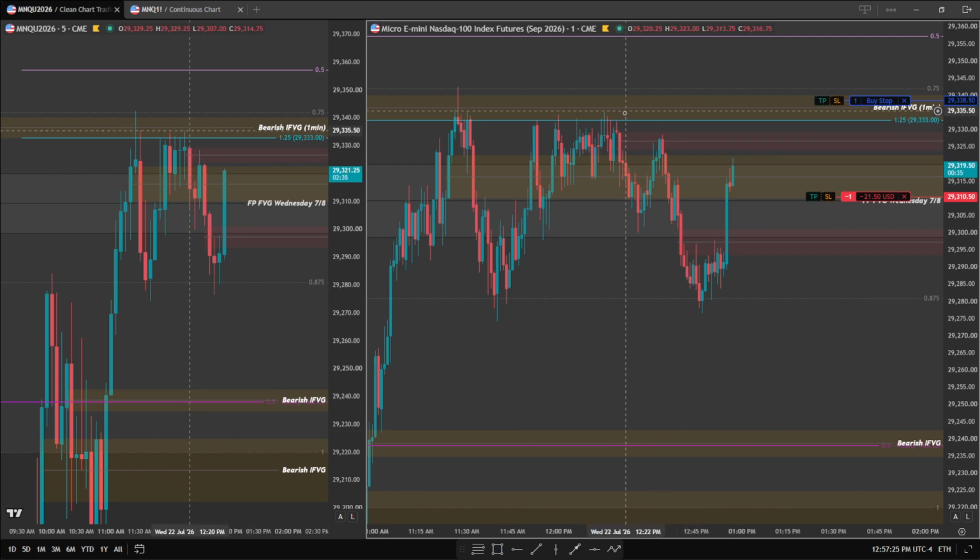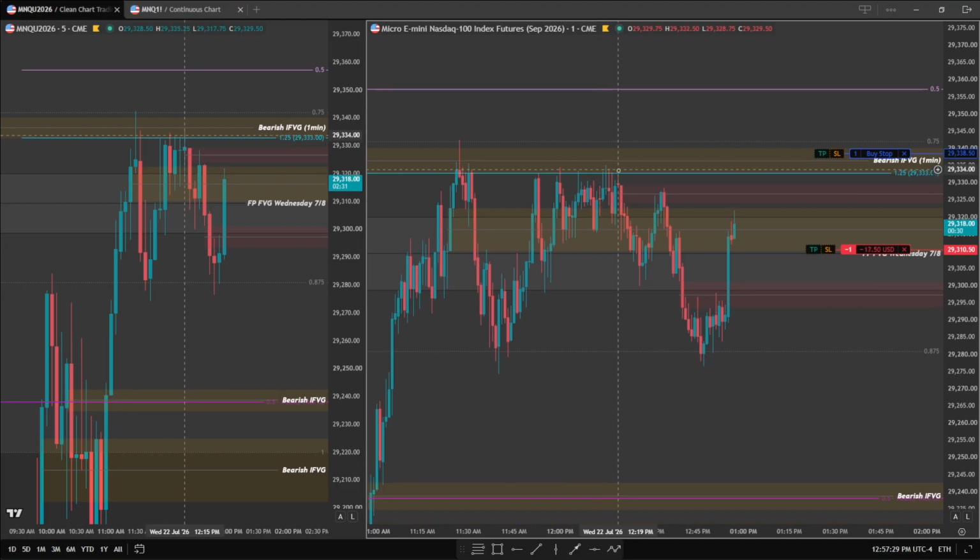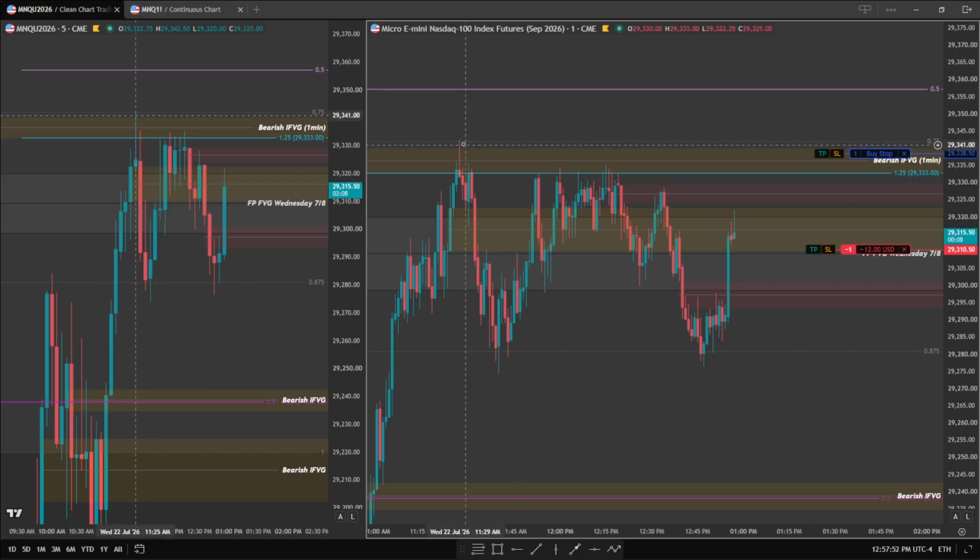Don't want price to go above this. I feel like my stop should maybe be a tick above high of day.